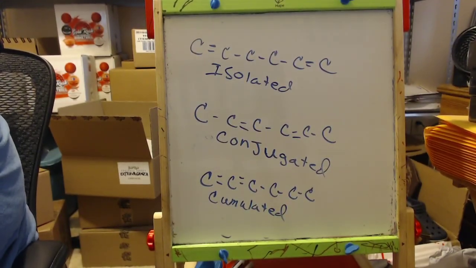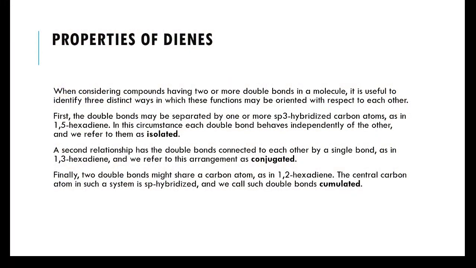But back to looking at these, the isolated, the conjugated, and the cumulated, which one is the most stable? The most stable is the conjugated. A conjugated system means alternating double bonds. Why is that more stable? The reason a conjugated system is more stable is because I could have more resonance.